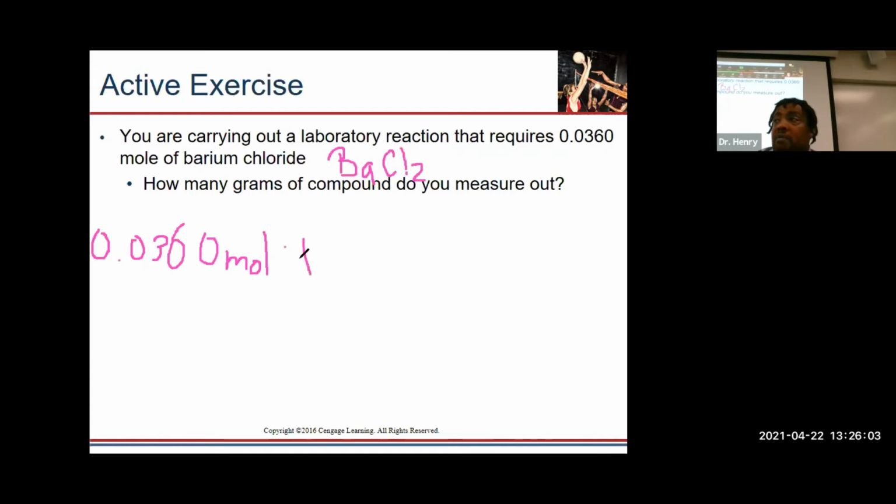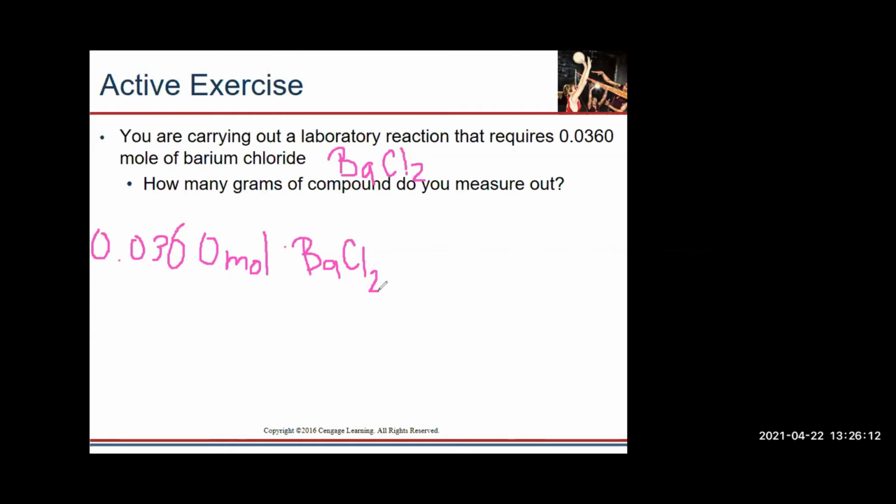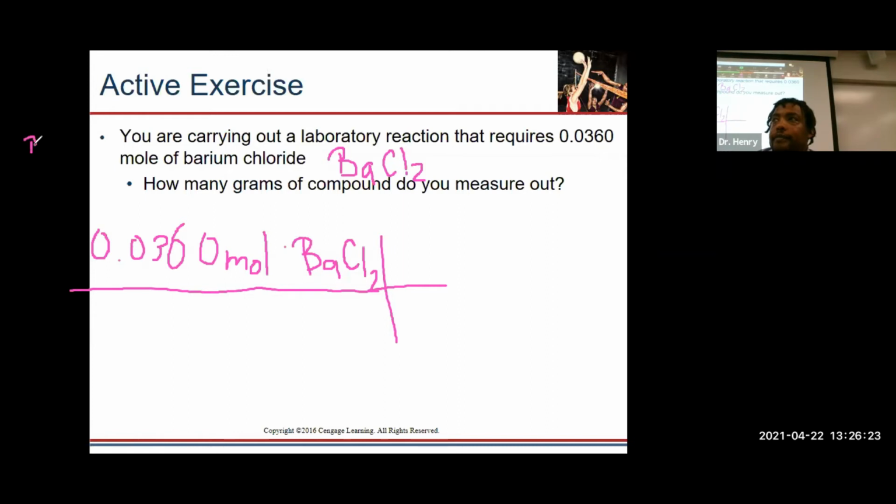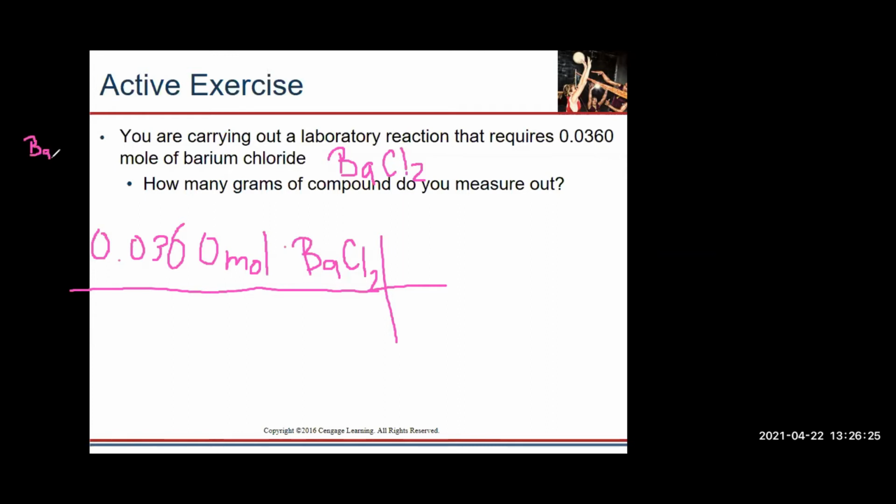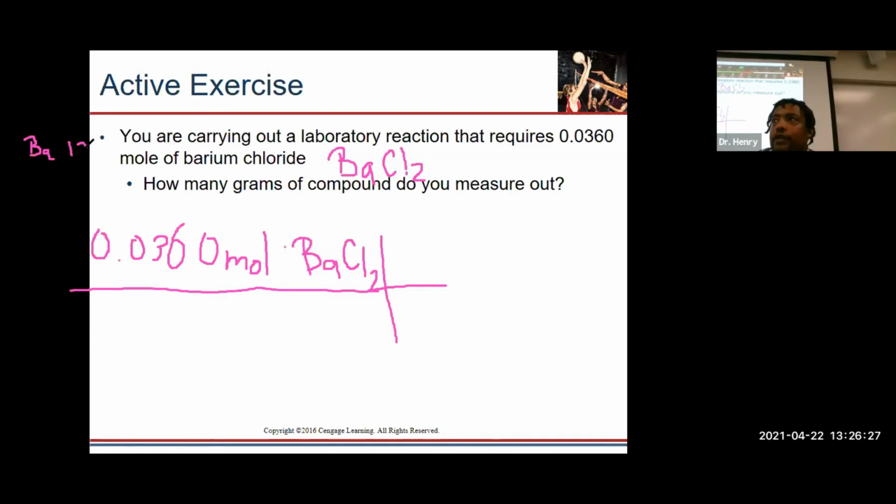So I know I'm working with barium chloride. Can I figure out the molar mass of barium chloride? Yes. How would I do that? Looking on the periodic table, barium weighs 137.33, and I only need one of them.